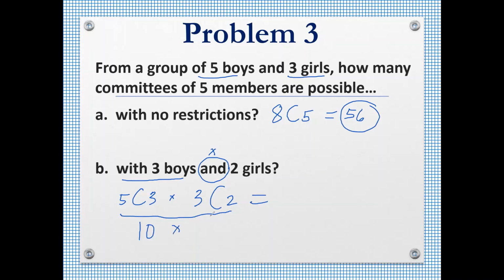Times 3C2. What is 3C2, Jonas? 6. Okay, agree with Jonas? Okay, Jonas, it's clear now to you. It so happened here that 3 times 2 is 6. But it's not always multiplying the numbers N and R. Now, 10 times 6.